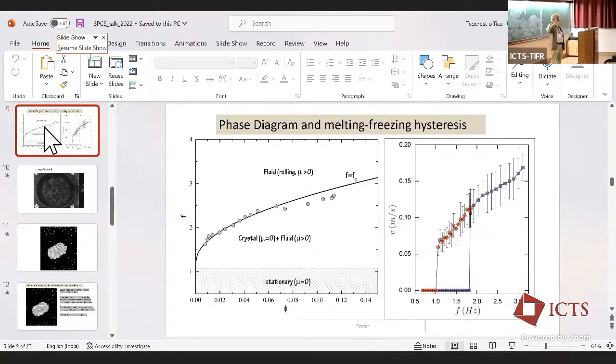In that regime, if you wait for a very long time, do you know that the exact same thing will happen? You already know that there is hysteresis.